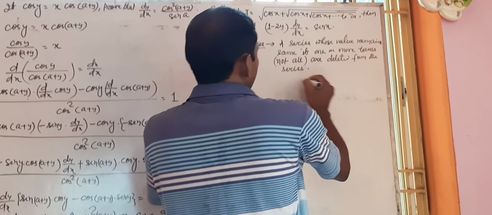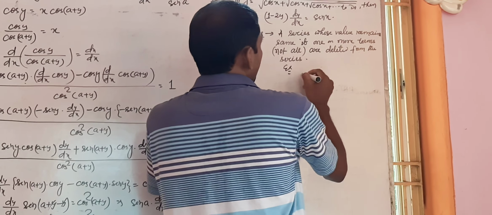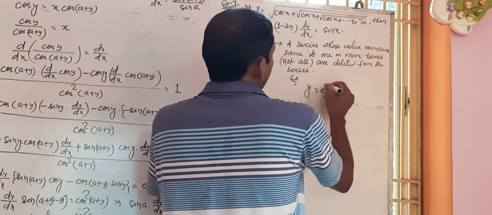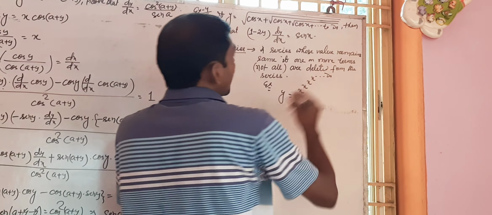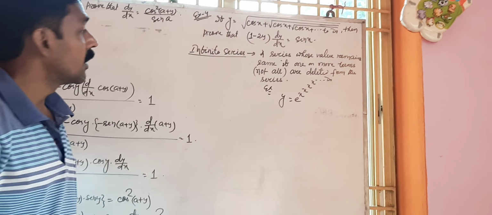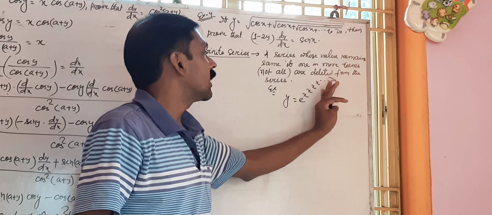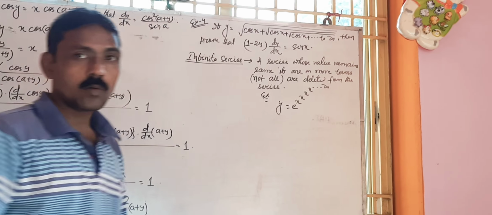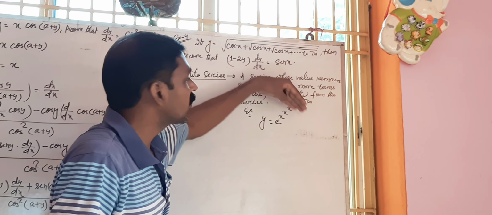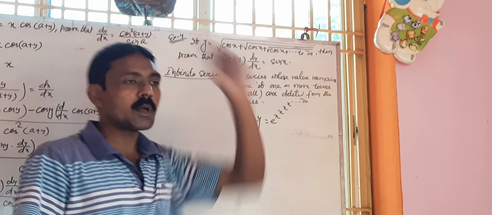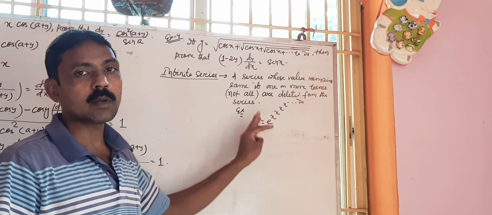For example, if you write y equal to e to the power x to the power x to the power x to the power x up to infinity, infinite number of x are there. So suppose here I will remove, don't remove from below, always remove from outer side. So if you remove this x, then again infinite number of x are there. So value is same.